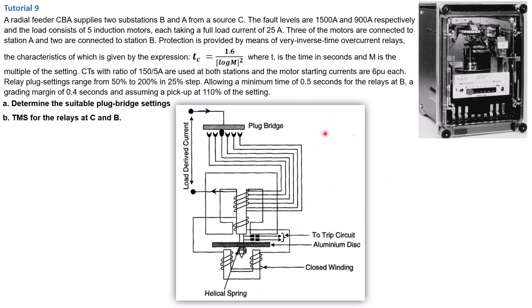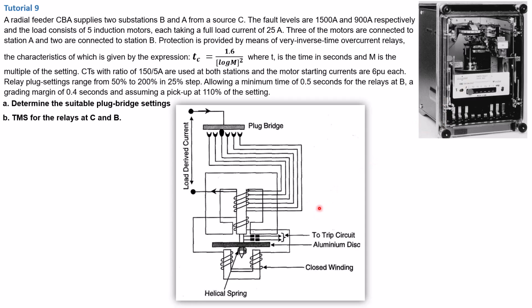Great. So one of the keywords that we've also mentioned about this IDMT relay is the word inverse and minimum time. Now let's first deal with the word inverse. The reason why it is inverse is because it operates in an inverse manner. What does this mean? This basically means the higher the fault current, which we're going to see when we start solving this problem, the faster your IDMT relay is going to trip to protect your circuit.